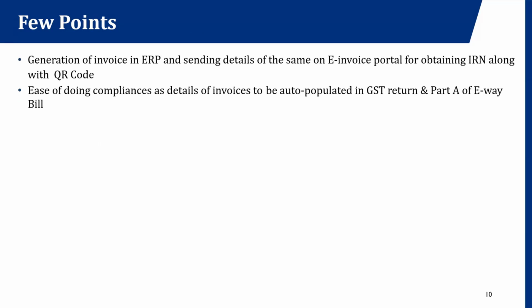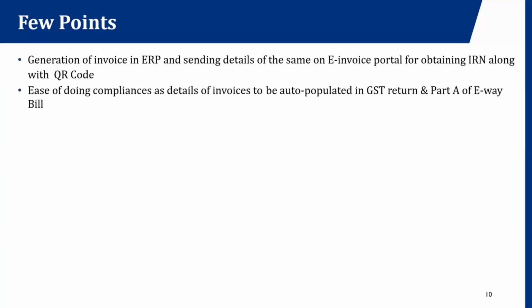A few points we have to understand: generation of the invoice in the ERP, and sending the same details to the e-invoicing portal for obtaining the IRN and QR code. That I had discussed earlier, that we first generate the invoice on our ERP. There we have to send all the details to the e-invoice portal.